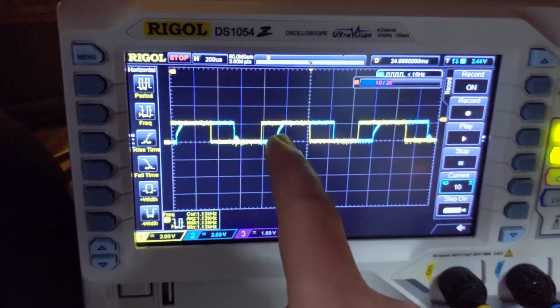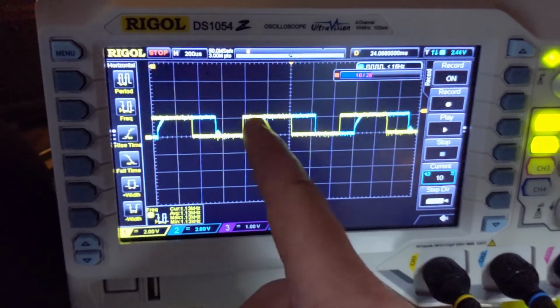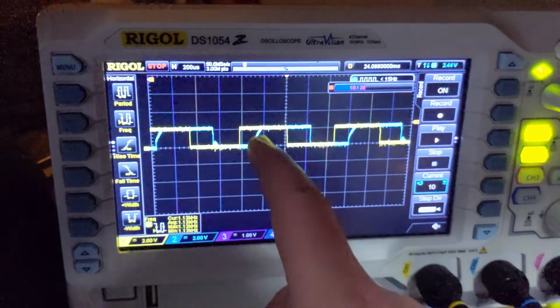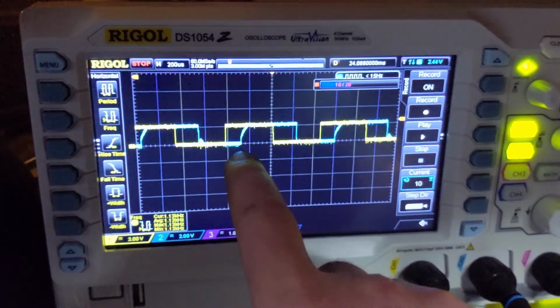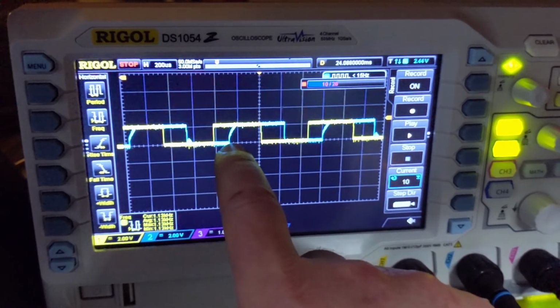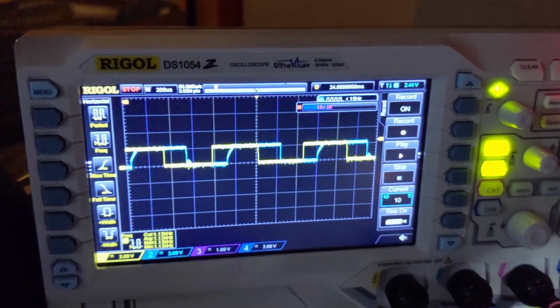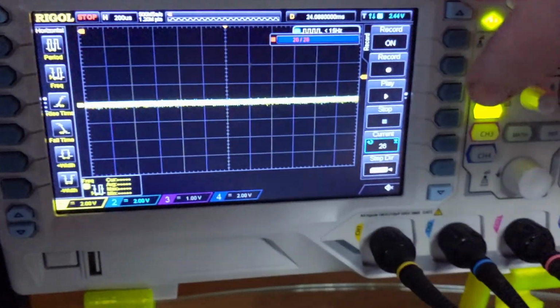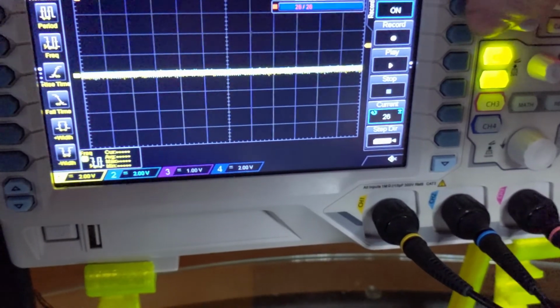A perfect signal would have the rising edge right in the middle of this division. I think my probe is not quite tuned right now, and I need to retune it, but I'm going to go ahead and, whoops, I want to get it out of record mode. Let's turn this off.